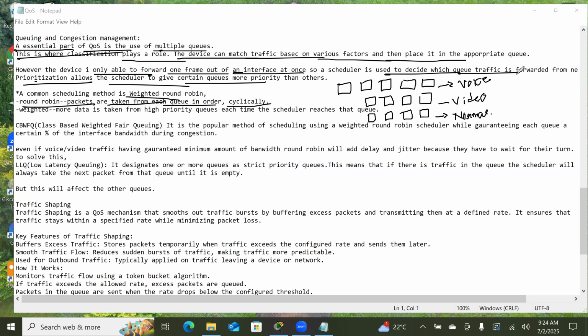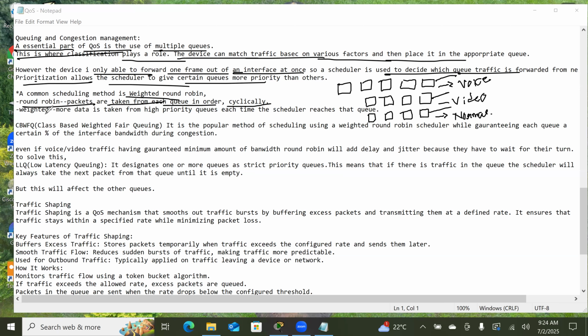First a packet will be taken from the voice, second from the video, and third from the normal. This will happen in a cyclical manner: first, second, third, and then again the same order.